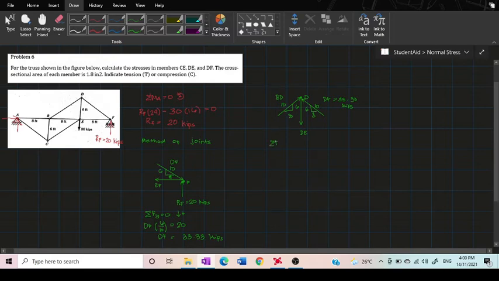Using summation of forces in the y direction equal to 0, assuming that downward is positive, we got DE equal to 39.996 kips. Let's round it off: we have 40 kips.